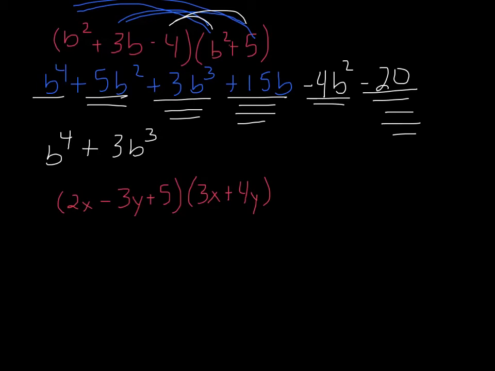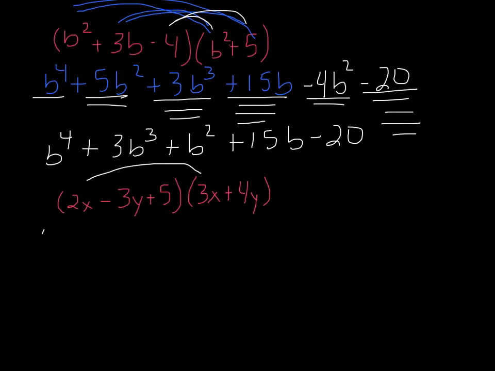We have 2b squared, so 5b squared and negative 4b squared is just going to leave us with b squared, which I don't need to put the 1. I got a plus 15b and negative 20. There's your answer for that one. If you want to do the Punnett square, feel free, but I'm just going to do the distributing on here.